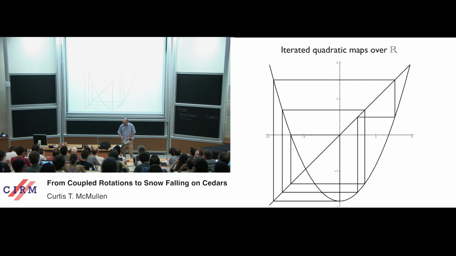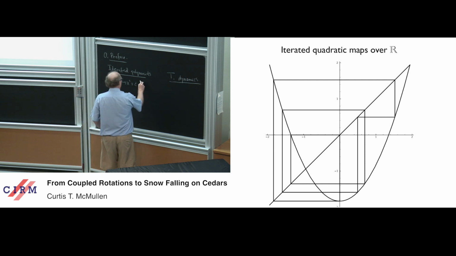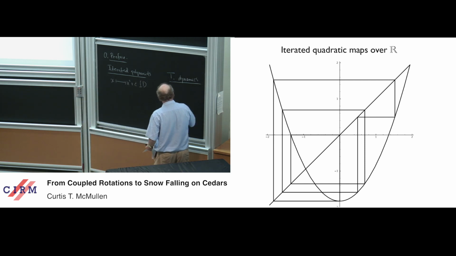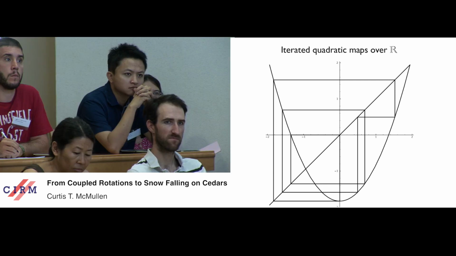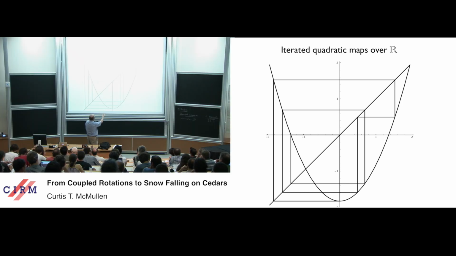It's one-dimensional dynamics. And this one-dimensional dynamics has an analog in the program this week, which is, of course, interval exchange transformations, which in many ways are akin to inverses of these multi-valued maps, with discontinuities coming from the branch points.